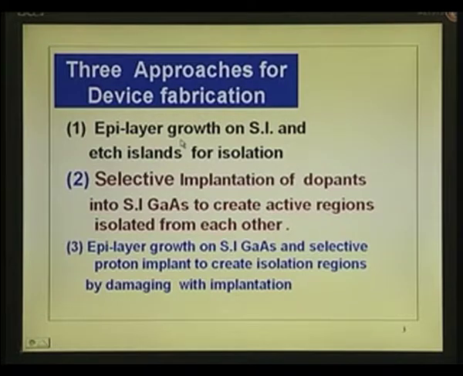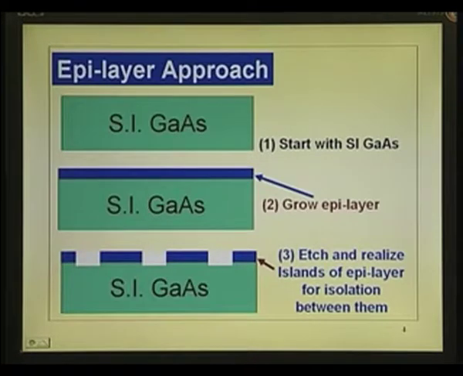I will just go into that in the form of figure. It is very easy to understand. Semi insulating gallium arsenide wafer cross section, on the top of that grow epitaxial layer, mostly n type layers are grown because n type materials are used for devices which operate on the transport of electrons.